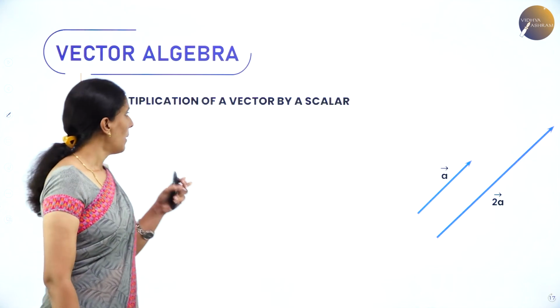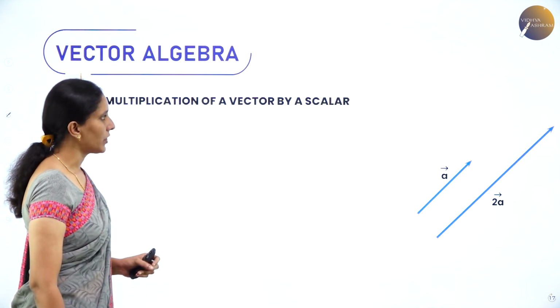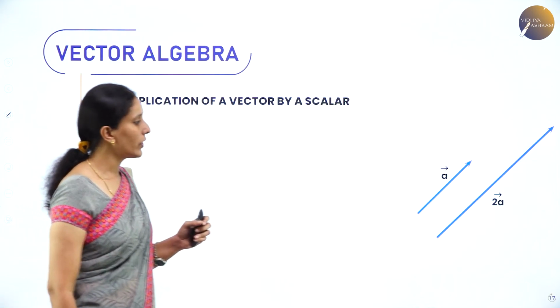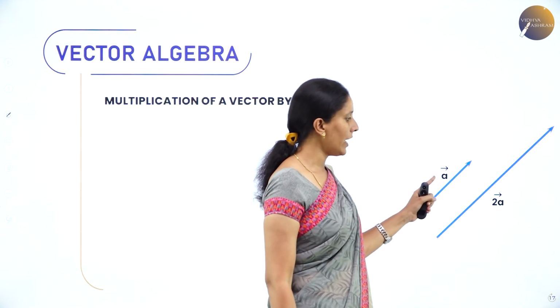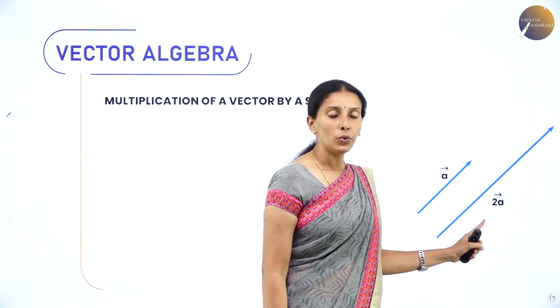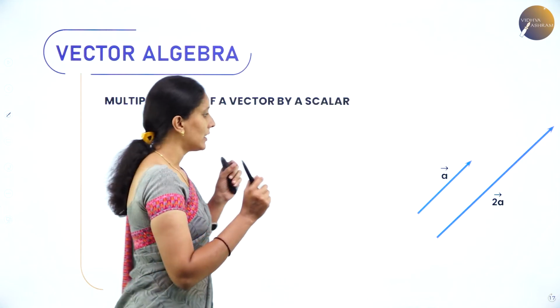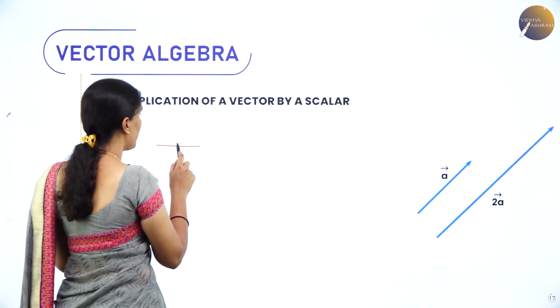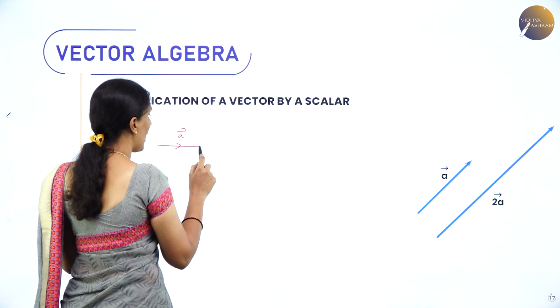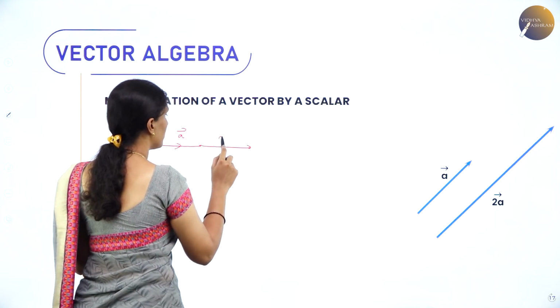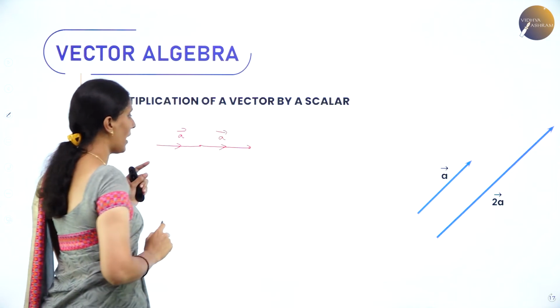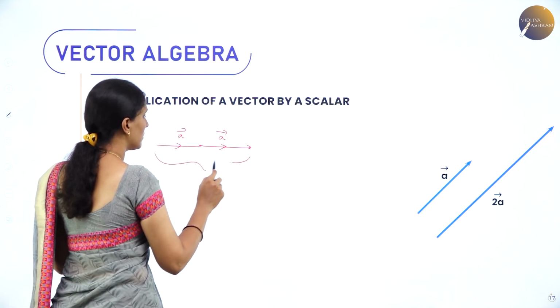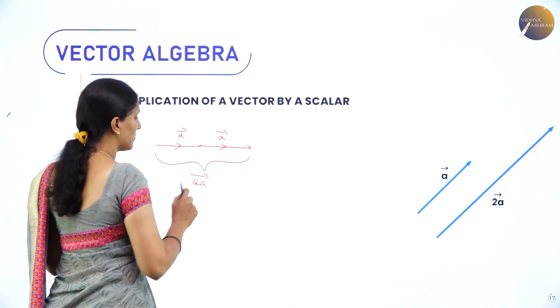Next we have multiplication of a vector by a scalar. Here I have taken vector A and here we have 2 times vector A. That means the distance of vector A is taken 2 times in the same direction. So this is 2A.